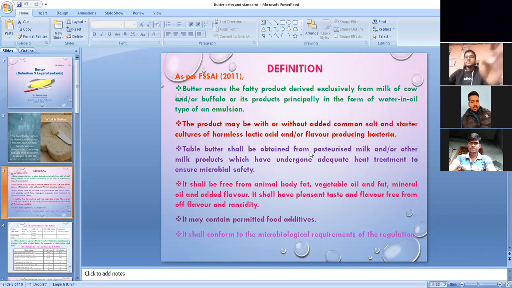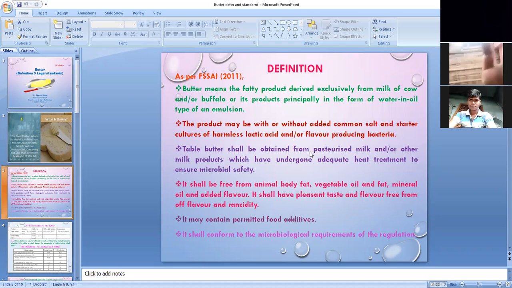So butter should be only a fatty product derived from cow or buffalo milk or a mixture of both, but it must not contain any animal body fat, vegetable oils and fat, mineral oils and added flavors.